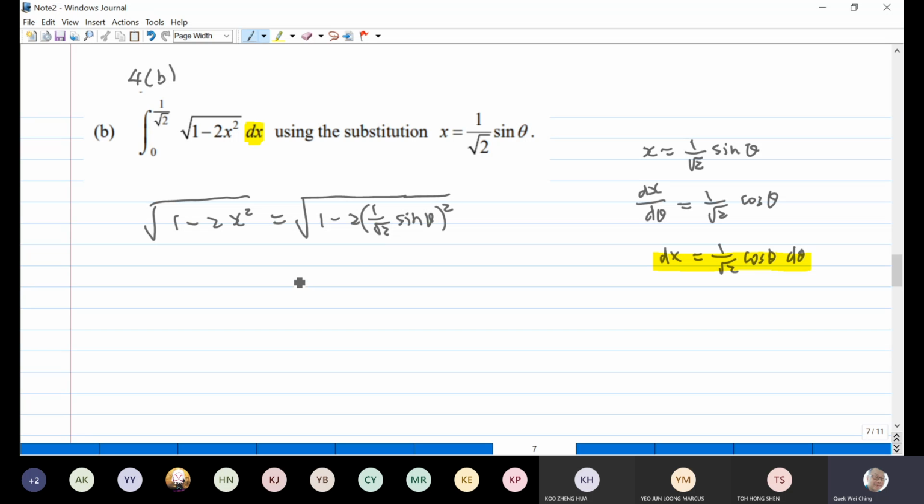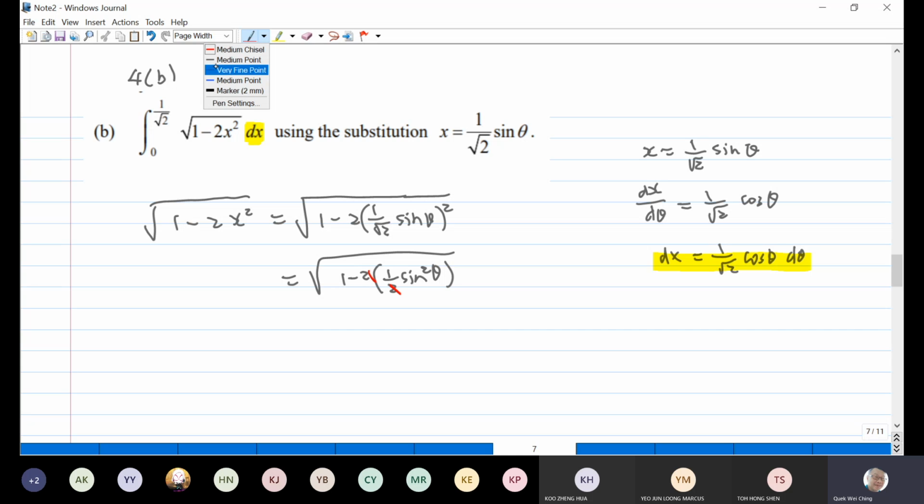When you square it, it becomes 1 minus 2 times 1 over 2 sine squared theta. You'll find that there is cancellation.